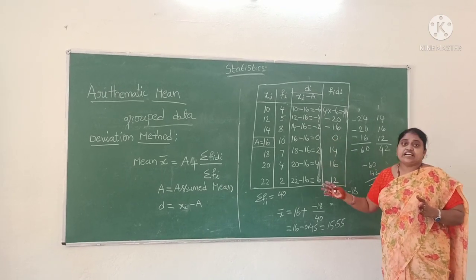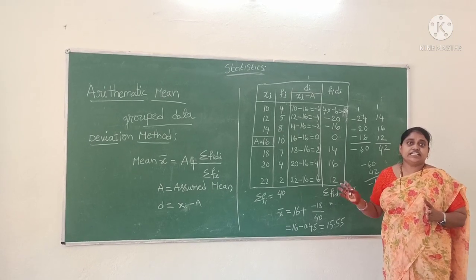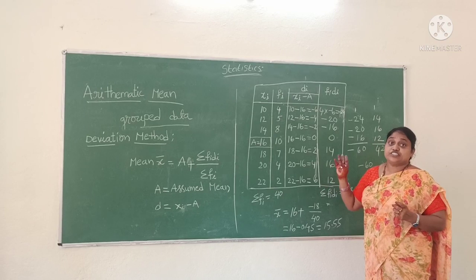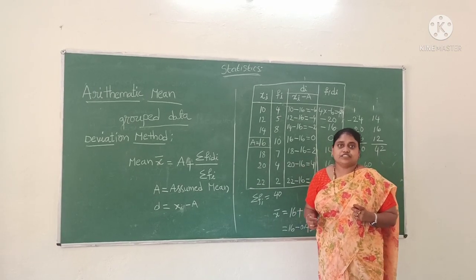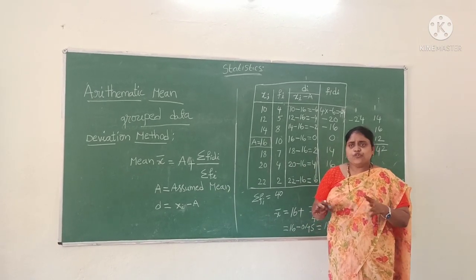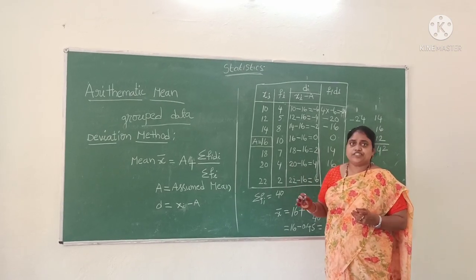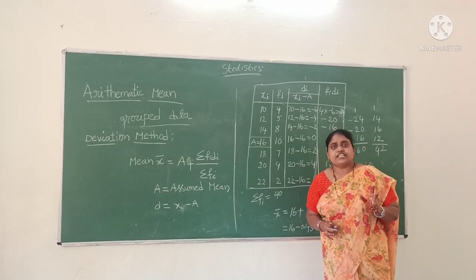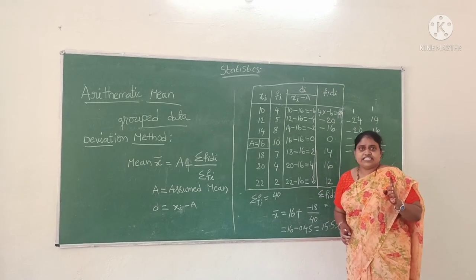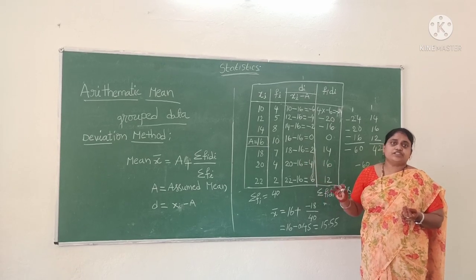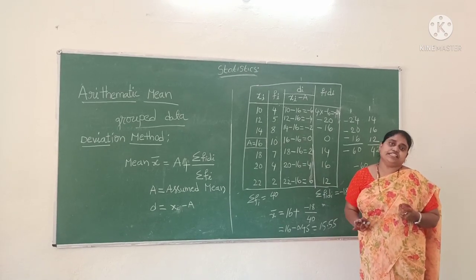In the other method we calculate class intervals also, but that method is introduced in 10th class, so we don't need to know it. So we know only two methods: first one is the simple method and the second one is the deviation method to calculate arithmetic mean.